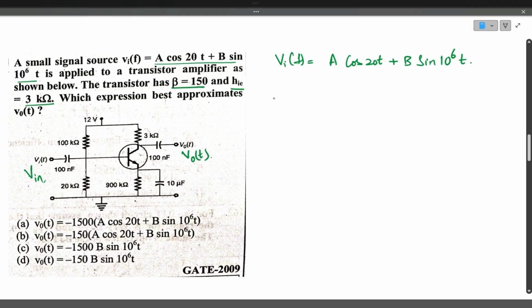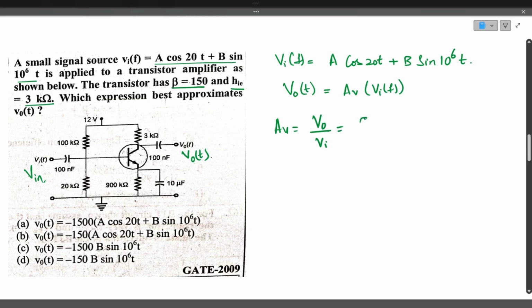Now the output voltage is given by voltage gain multiplied by input voltage. Simple. So now what is the voltage gain? The voltage gain is nothing but output voltage divided by input voltage.